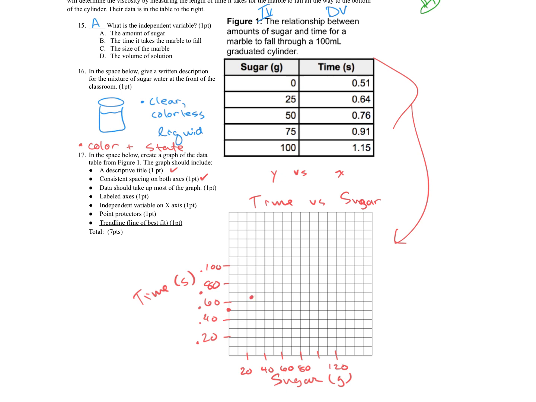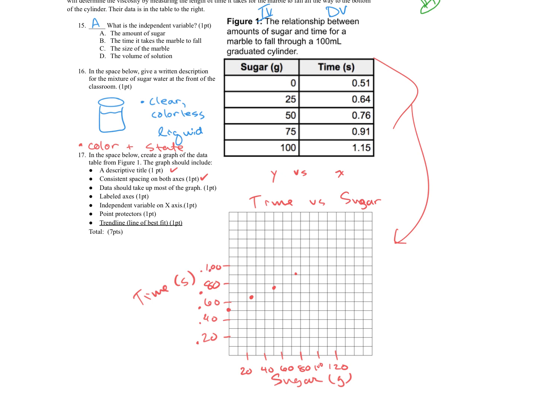50 grams will be 0.76, so that's about 0.76. 75 grams will be 0.91, so just over 0.9. And 100 grams, so that's this number right here, is 1.15.